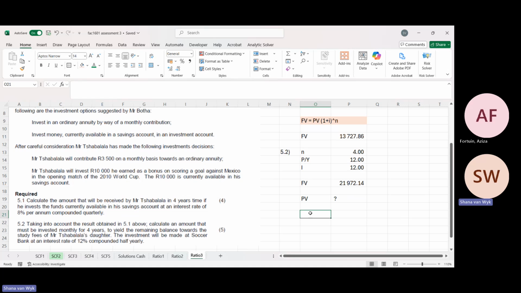I always get confused to compute PV. Because then I get 4.79, which doesn't feel right.